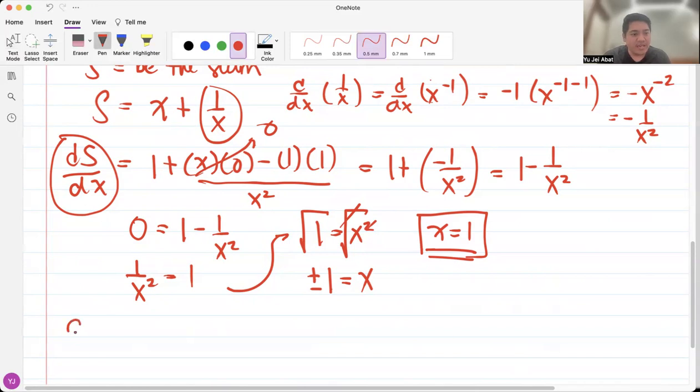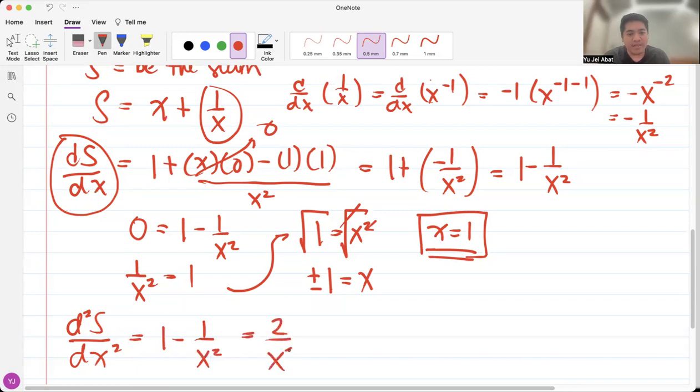If we get the second derivative of our function, we have 1 minus 1 over x squared, and that would be simply 2 over x cubed. So again, x equals 1 gives the minimum.